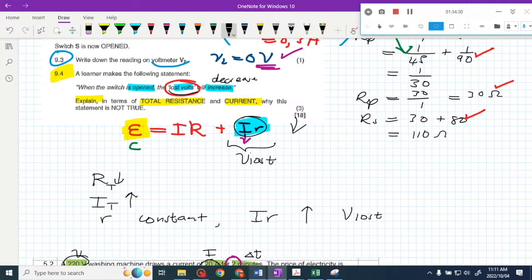When you guys are done writing, I will state it again. So we say the total resistance decreases. Since the total resistance decreases, the current increases. We've mentioned our control, the internal resistance, which is constant, and since I times R is the lost volts, it is going to increase.